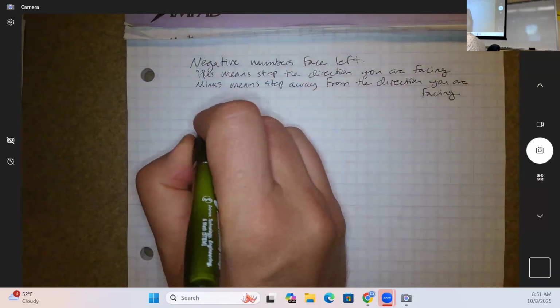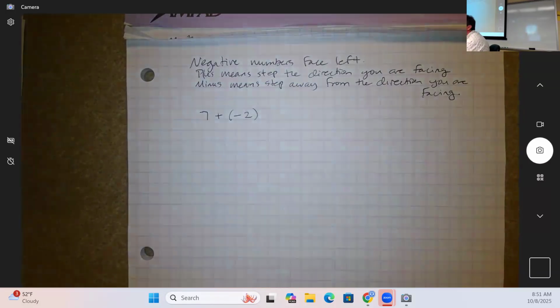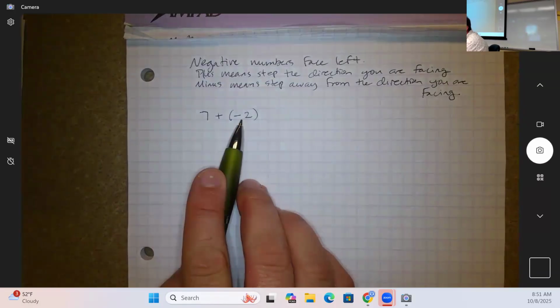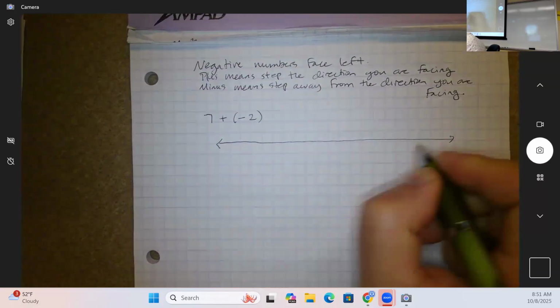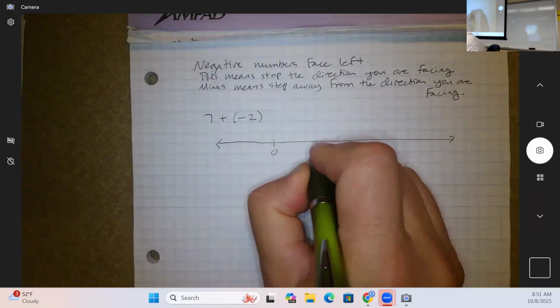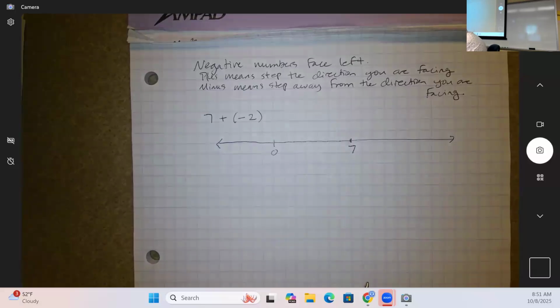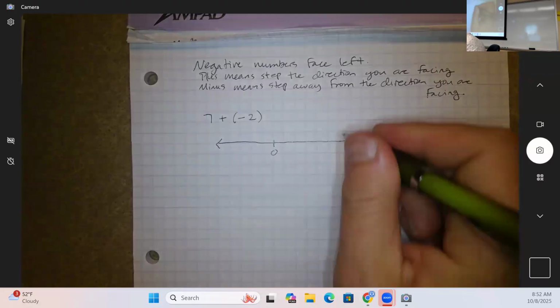Let's do 7 plus -2. All right, so it's a 7 plus, but the thing I'm adding is a negative number. So I start at 7. I'm going to be working with a negative. So which way am I facing? Left. Backwards, left.